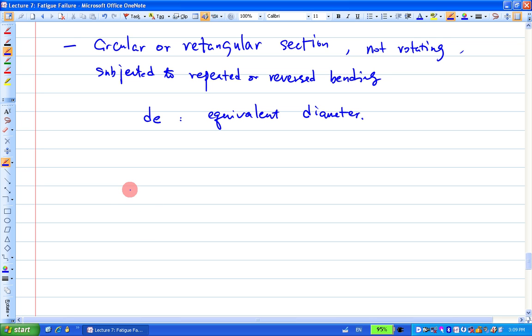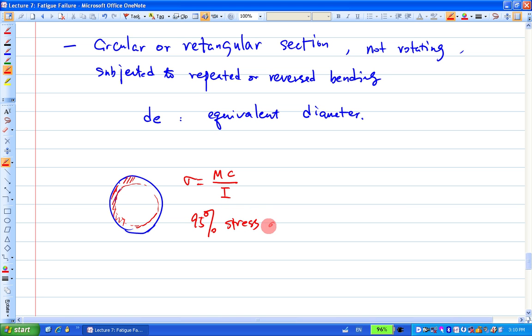If we have a circular cross section and subject the shaft to the lab condition loading, we know that with bending you can draw the 95% area. Remember sigma equals MC over I. If I define the 95% of this stress area, the edges are always the maximum, and you can draw a boundary, so anywhere between these two boundaries is within 95% of the maximum.